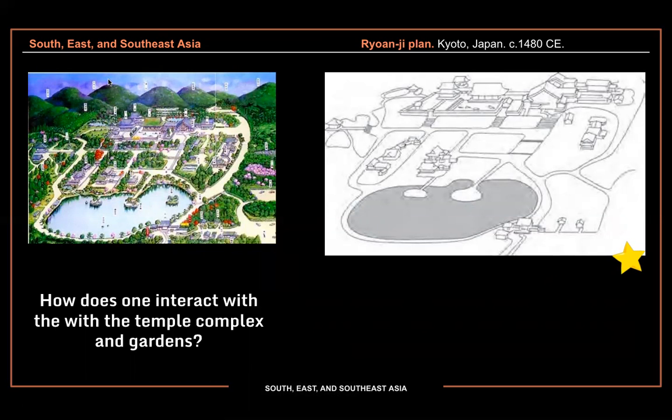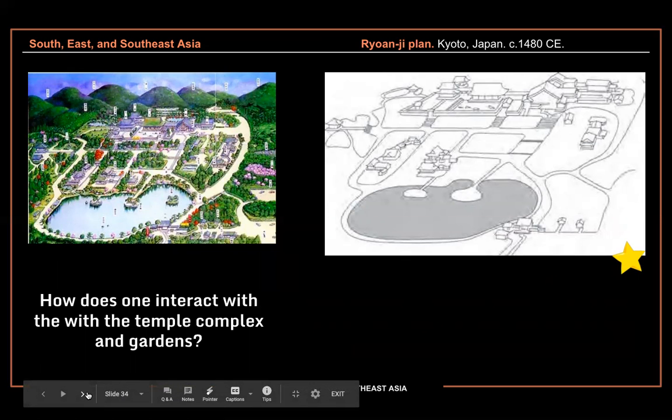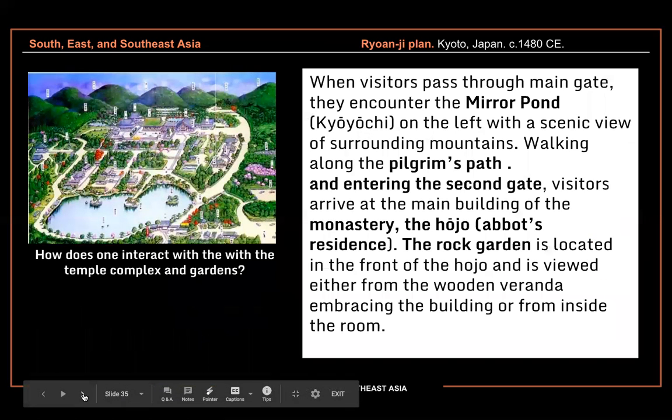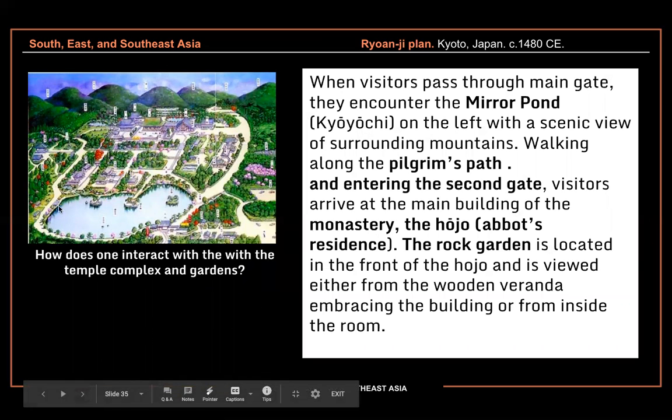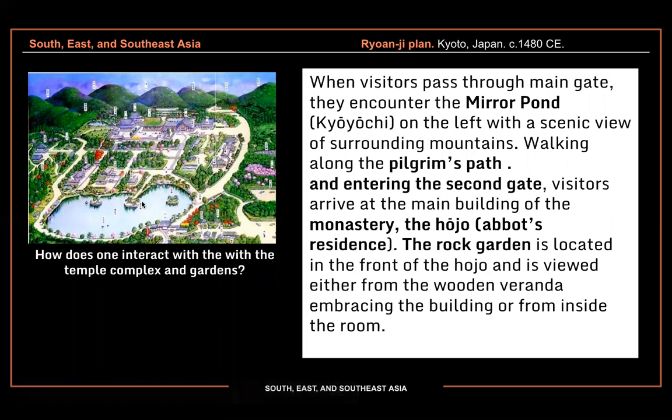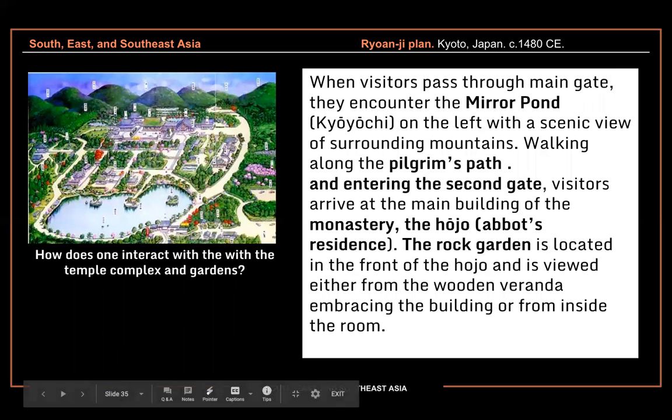You can see the mountains, you can see the ponds, you see these beautiful structures that are going to be nestled into the beauty of that natural environment. Okay. So part of it is this big, gigantic mirror pond. And that's going to be part of the wet garden that we see. Pilgrims would enter into this monastery, be able to see all this water, and then they would make their way to some of the different structures.